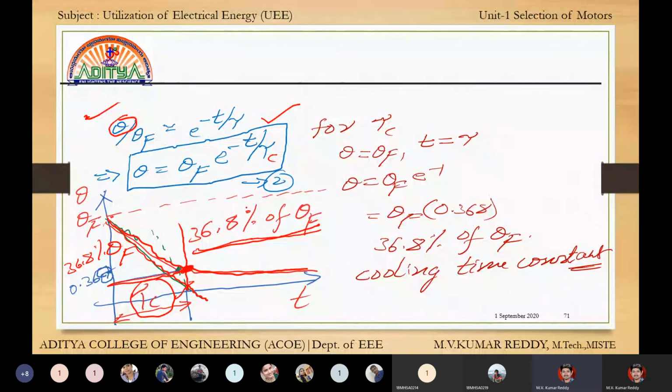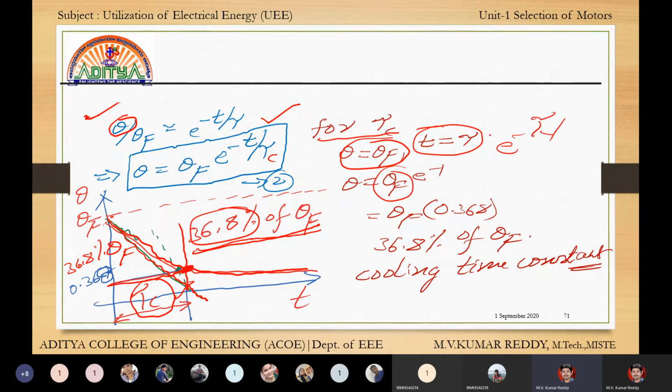To find this value, we have to substitute the final conditions. What are the final conditions? Theta is equal to theta f and t is equal to tau. Already theta f is there. We substitute tau, that means e power minus tau c by tau c.